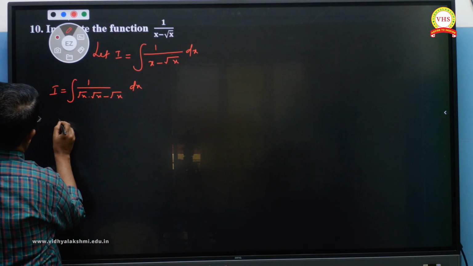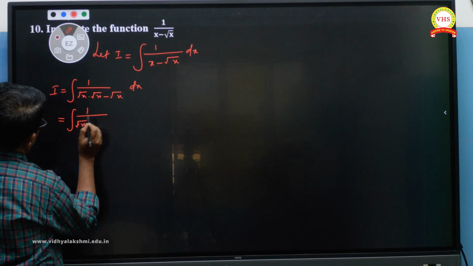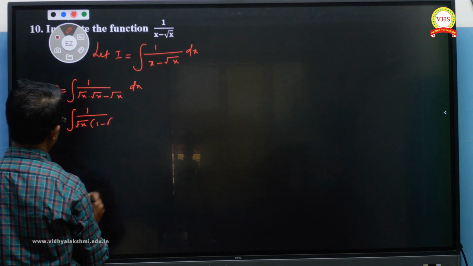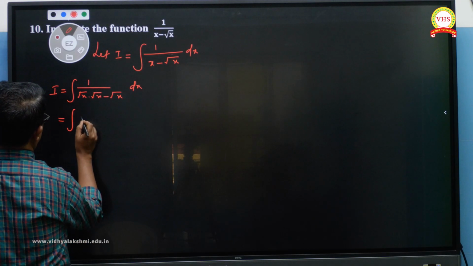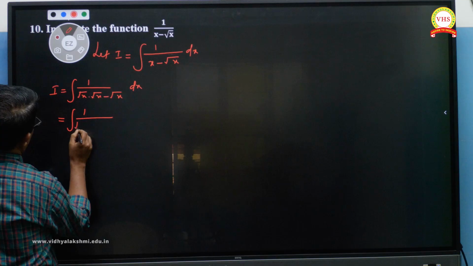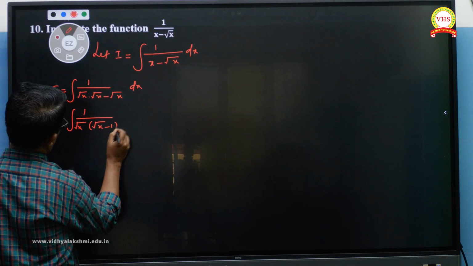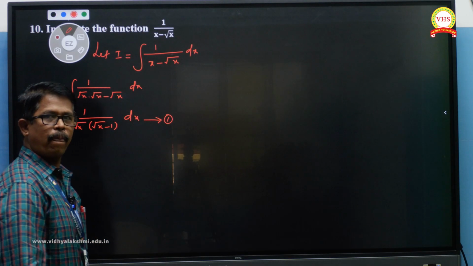Now I am going to take 1 by root x commonly outside. It is 1 by root x into root x minus 1 into dx. This is called equation number 1.